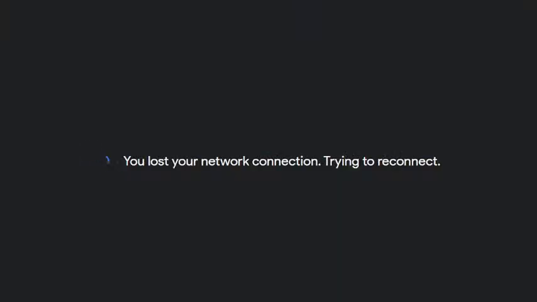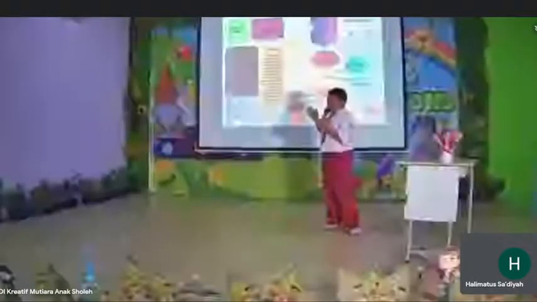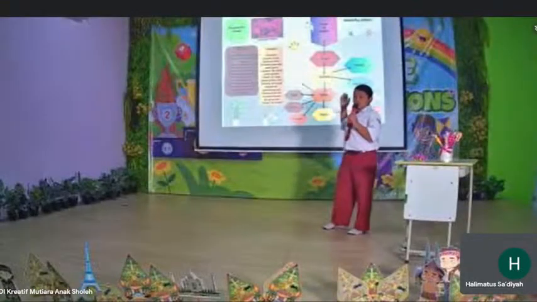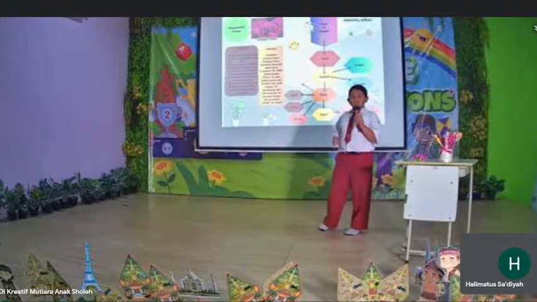Okay, it's from petal. Do you know what is the definition of the petal? Okay, the definition of the petal is a part of flower that is often conspicuously colored. And the second, we go to the stamen.